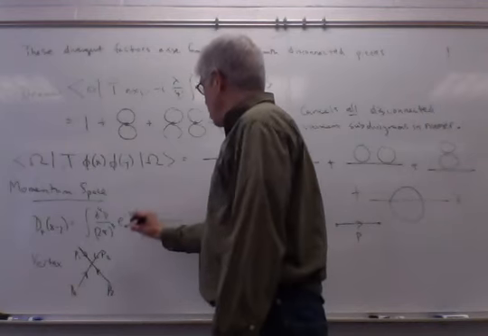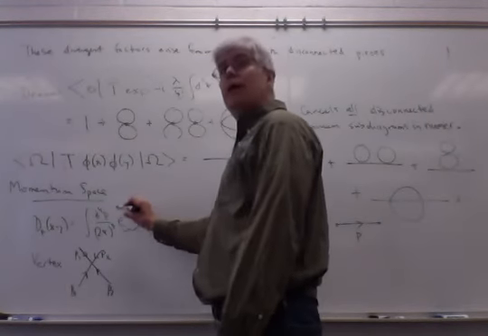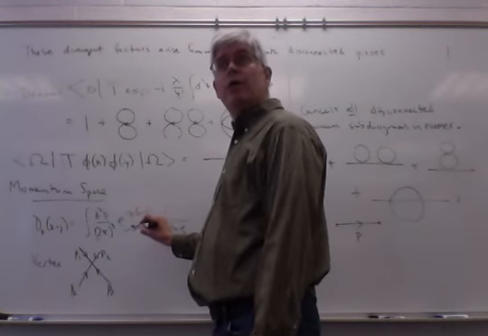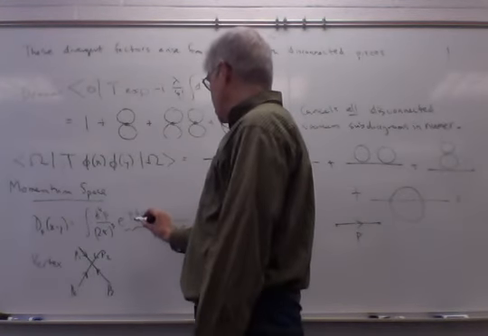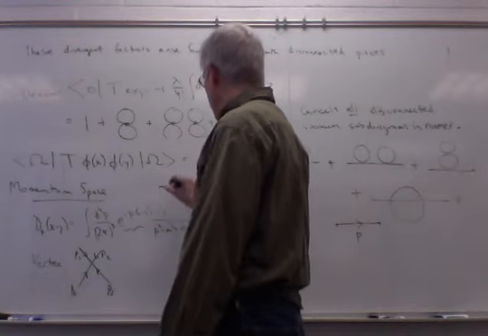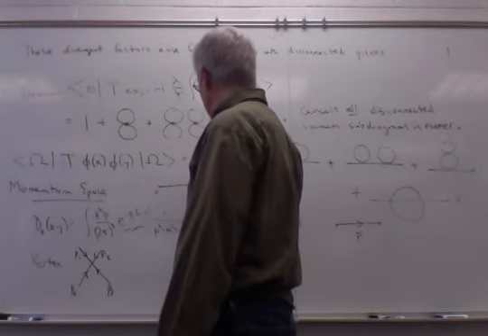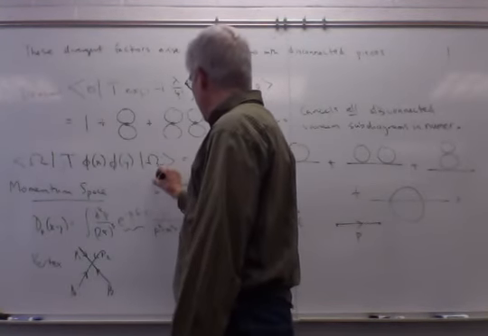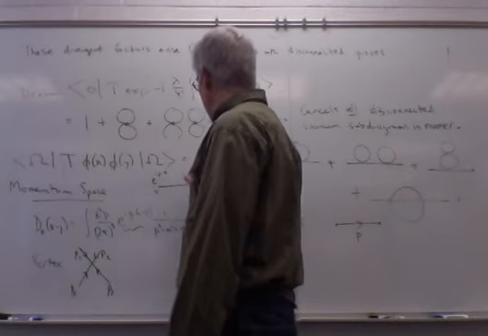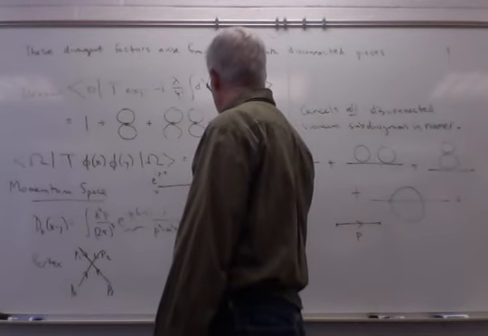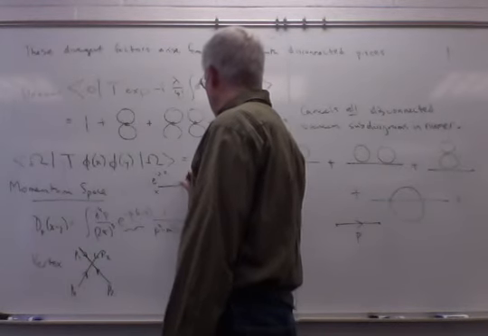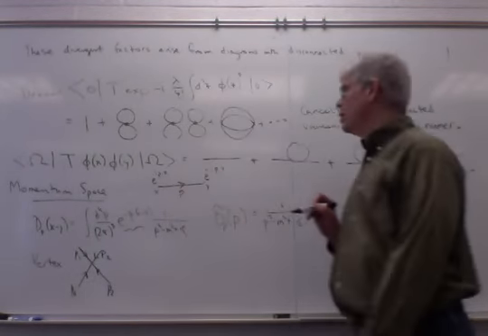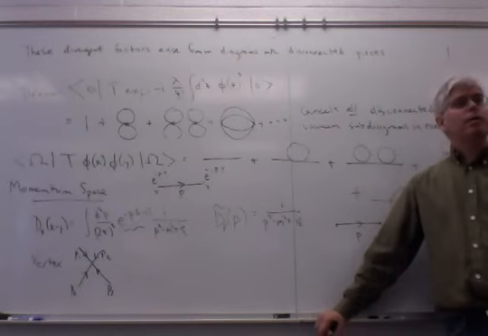So we want to account for these exponential factors, these Fourier transform factors. You can see that each line from x to y is going to have an e to the i p dot x on one end, and an e to the minus i p dot y on the other end, if you have a momentum p flowing through that line.